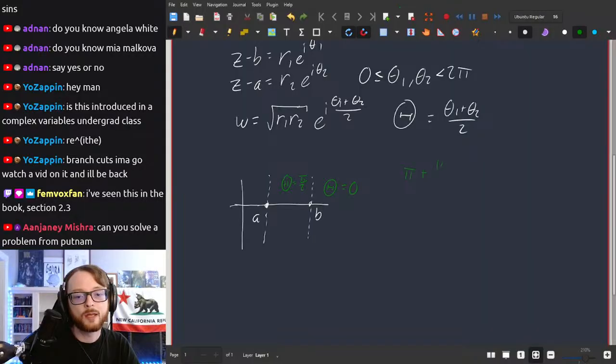The angle measured from A is always pi over 2. But that's not pi over 2, that's 3 pi over 4. I guess that's overshooting it.